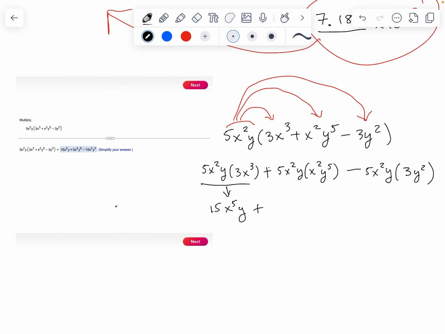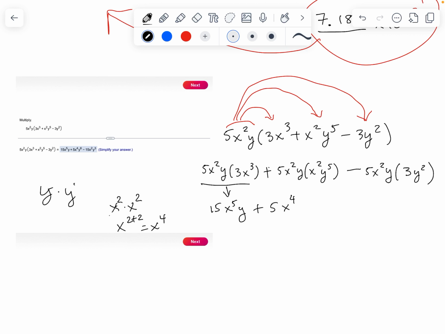And then the next term, we have 5 that is alone, there is no other number to multiply it by. Then we have x squared times x squared. Same base, so we keep the base and add the exponents. So 2 plus 2, x to the fourth.